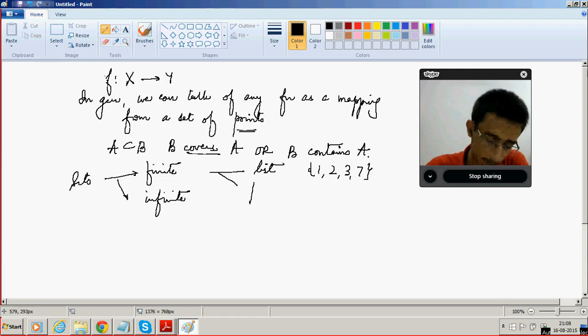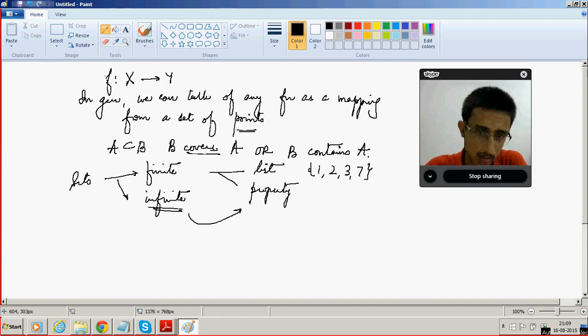Or there can be a property, a set of even numbers lying between 2 to 14. But the infinite set, we cannot list them. It is always better to write the property, the set theoretic description of the set. You understand what I am saying? It's the set of all points on the sphere. We cannot list all of them. Yes, sir. Okay.